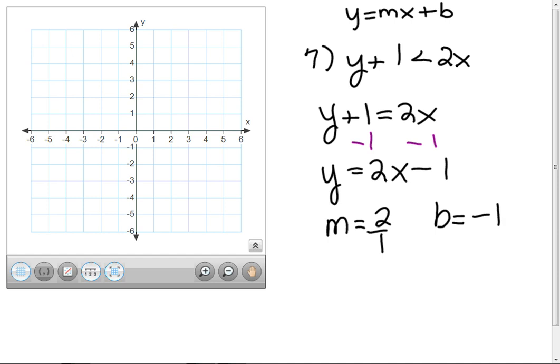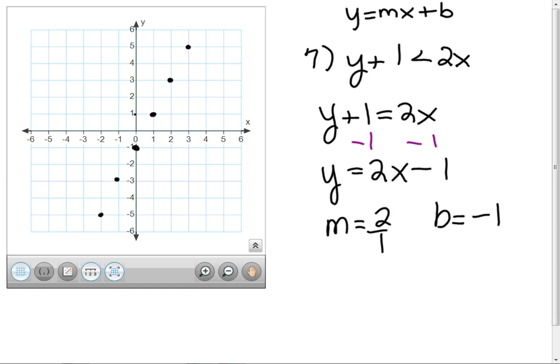Negative 1. Is that okay, Nick? So we're going to start at negative 1, which is right here. And now we've got to get another point. How do we get the next point? Go up 2 and to the right 1. And I would like to get a few points in here.